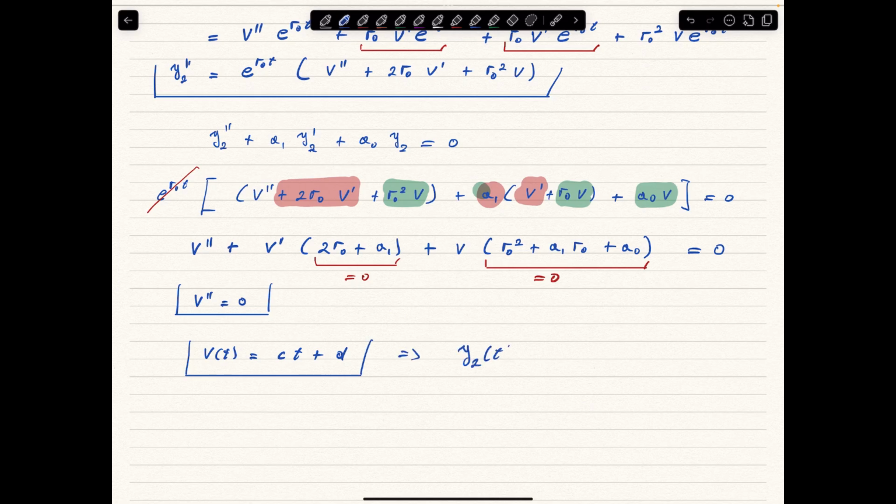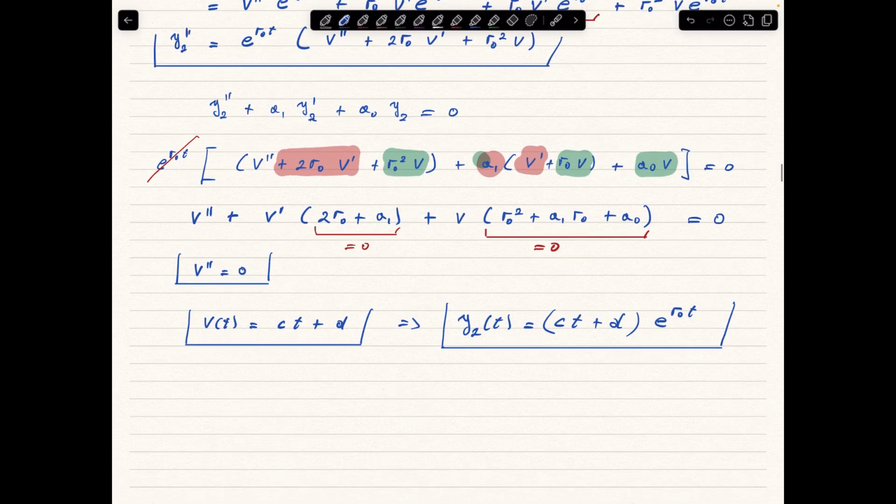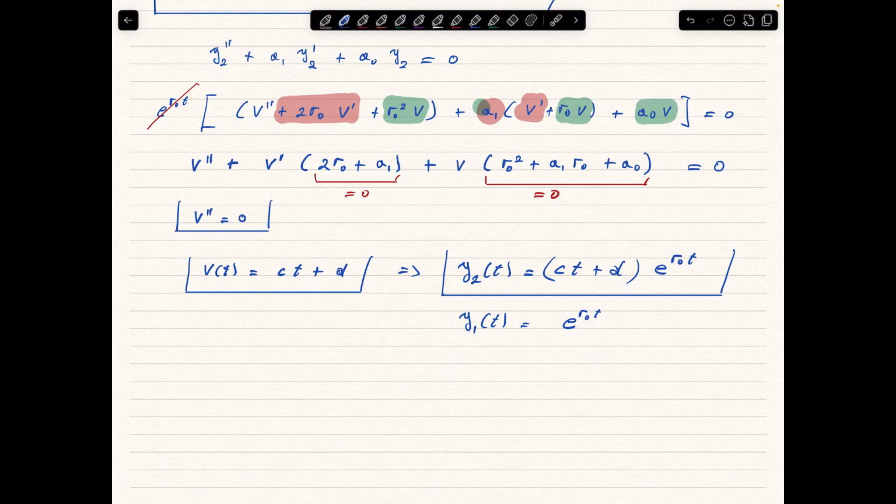y2 of t is c t plus d, times exponential r0t. These are all possible solutions for y2. Now recall what was y1. y1 is the exponential alone, exponential r0t. So here c, d are arbitrary constants.